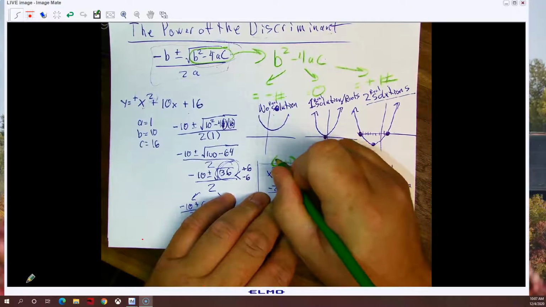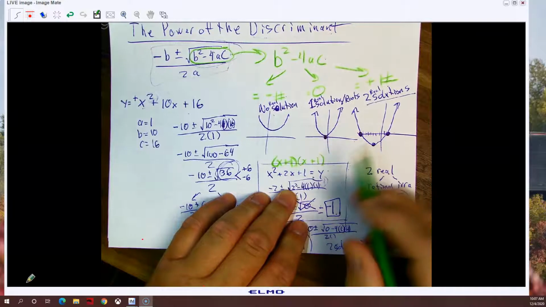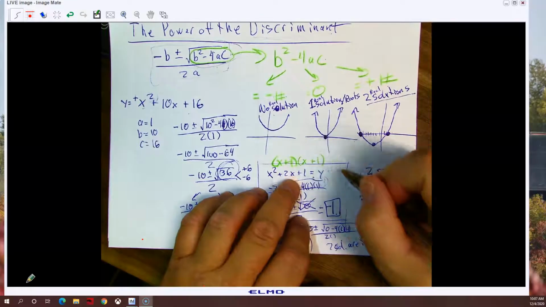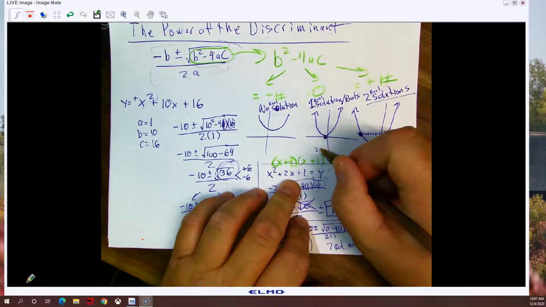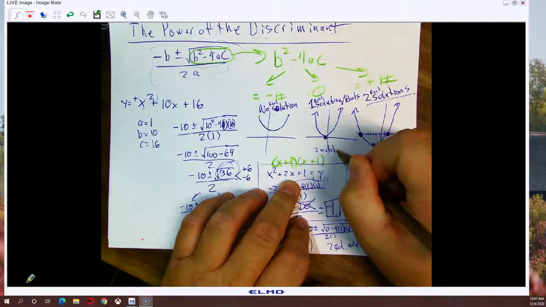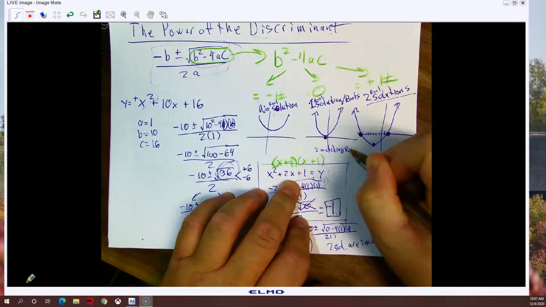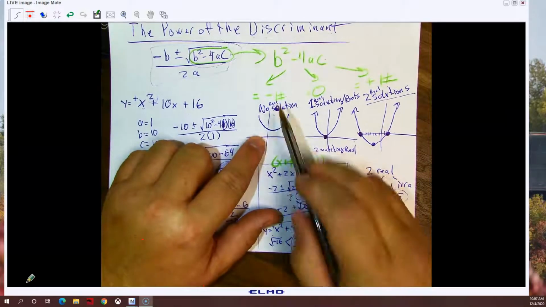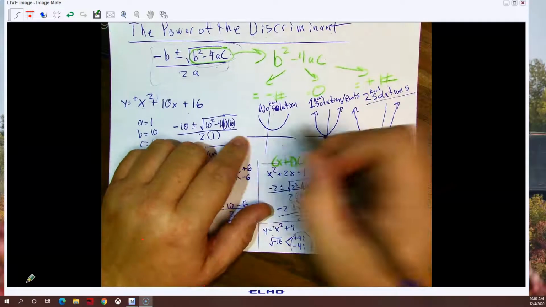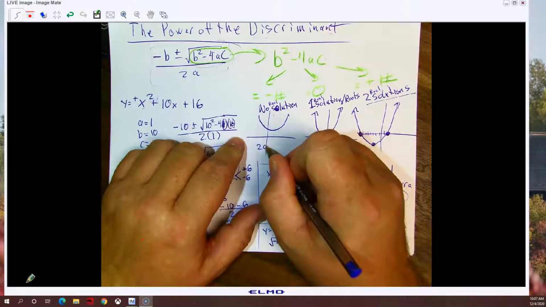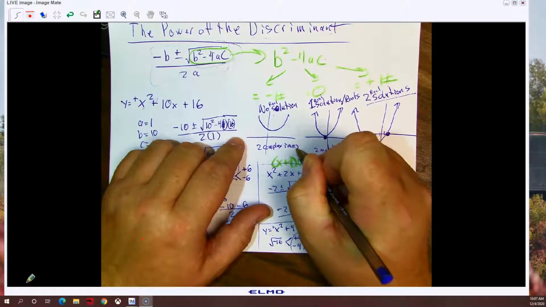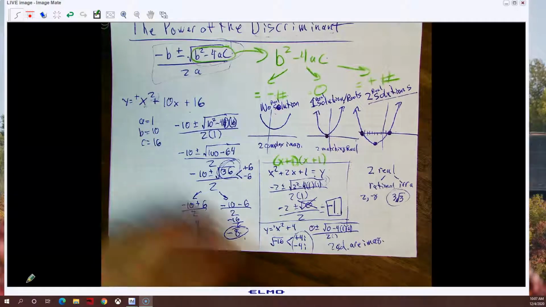So I have two perfectly good factors. They just happen to be exactly the same. So these would be two matching real solutions. And then over here I have no real solutions, but I would definitely have two complex or imaginary solutions. All right, so we will start there.